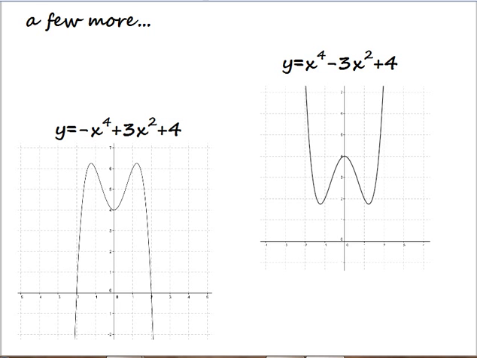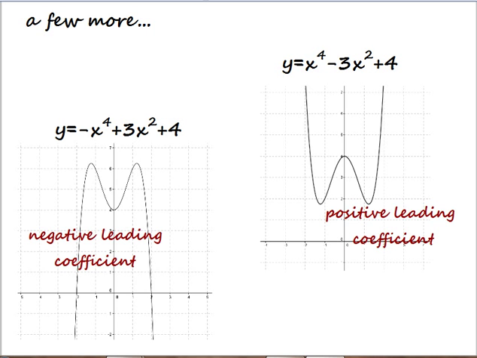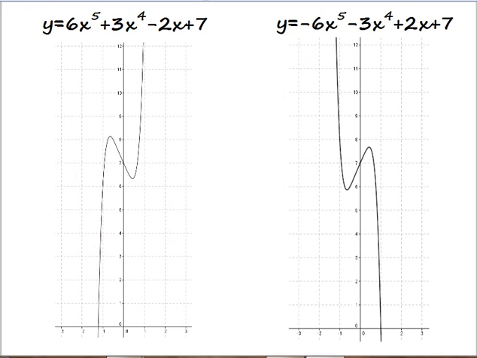Here's a couple more examples. Here I have a 4th degree polynomial, one with a positive leading coefficient, the other with a negative. They both are even degree polynomials, and that's going to be a big deal to us today. Next, we're going to look at some 5th degree polynomials.